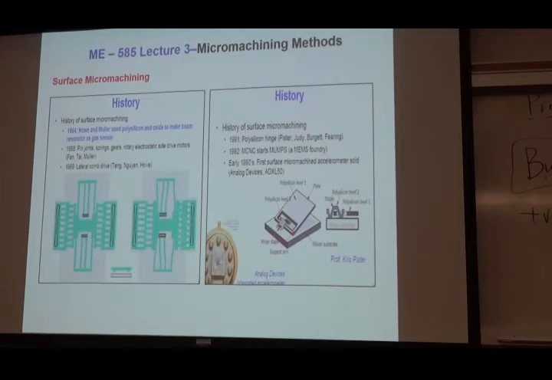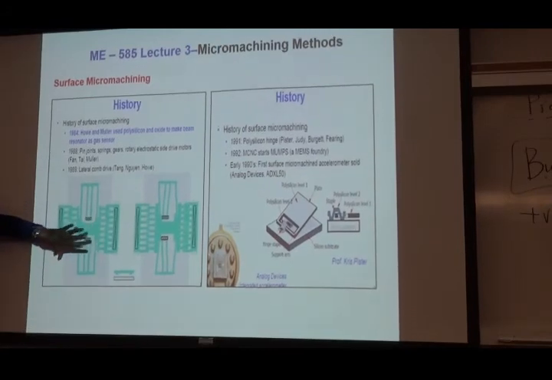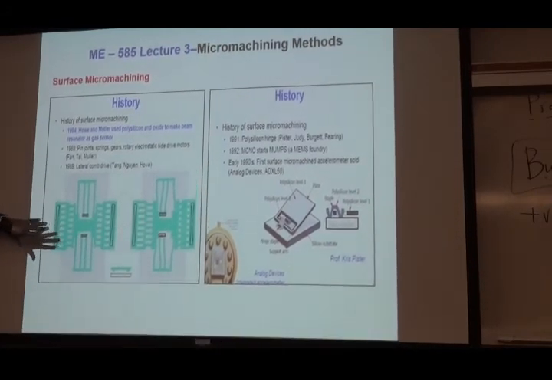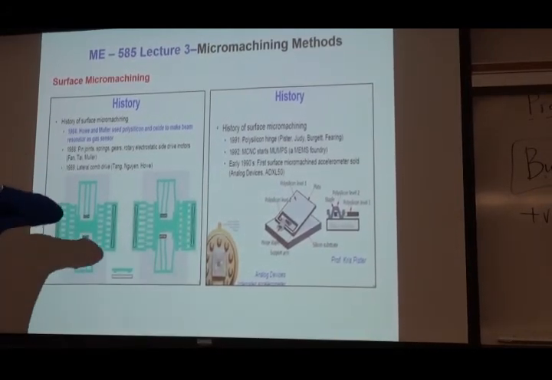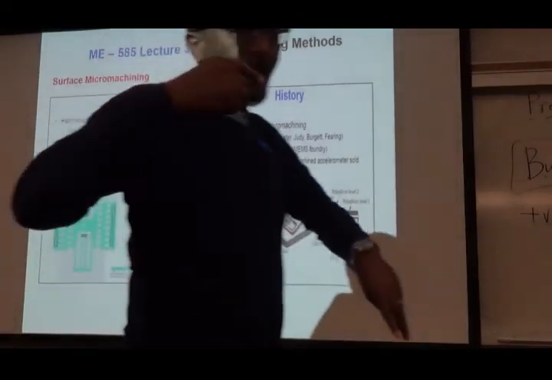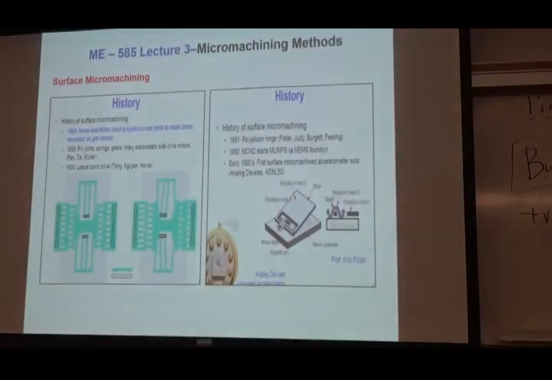Look it up. It's a very interesting effect, but I'm not going to cover that. That's 685. The only thing I want you to know is this basic design. That's the reason why I'm going to cover it right now. It could be used for 3 classes of structures: resonators, mass balancers, accelerometers, and gyros. Okay? Now, this is what really impresses me about this.